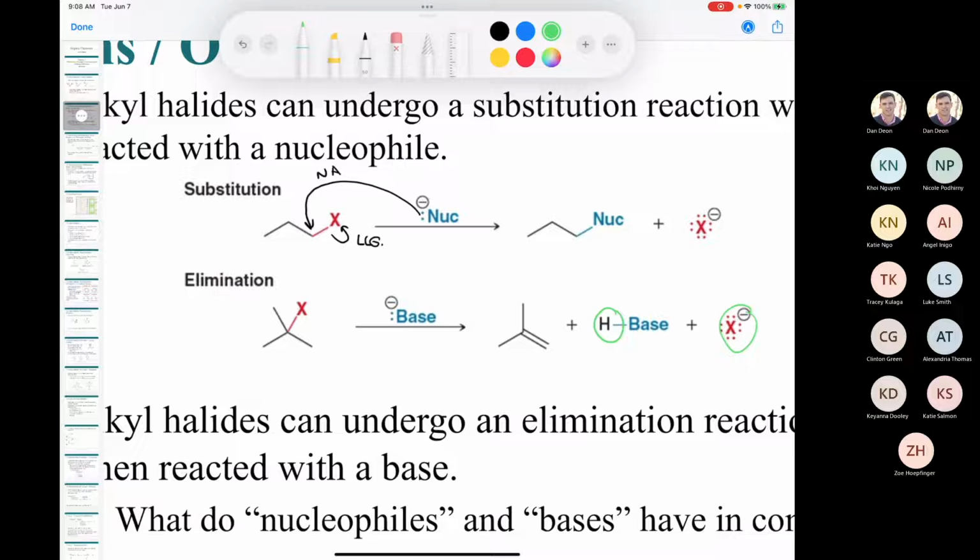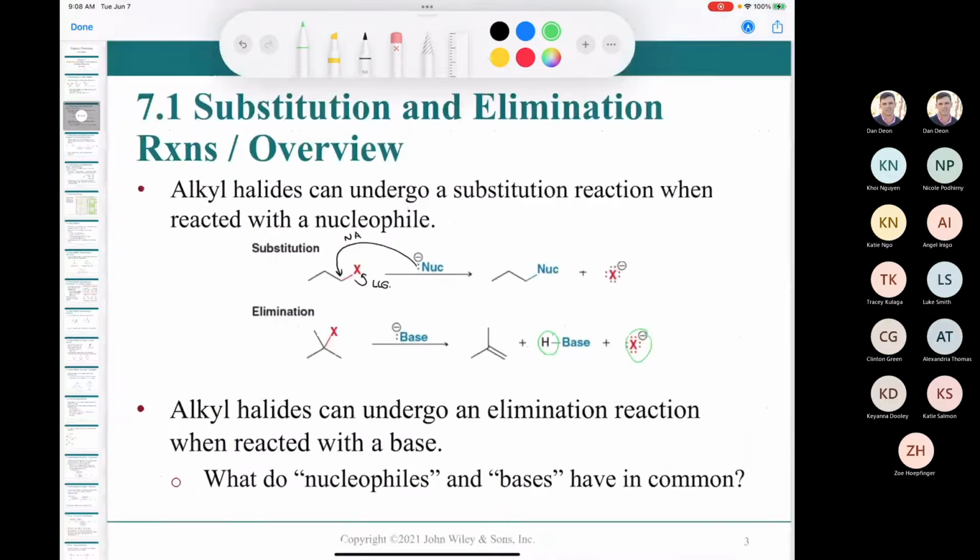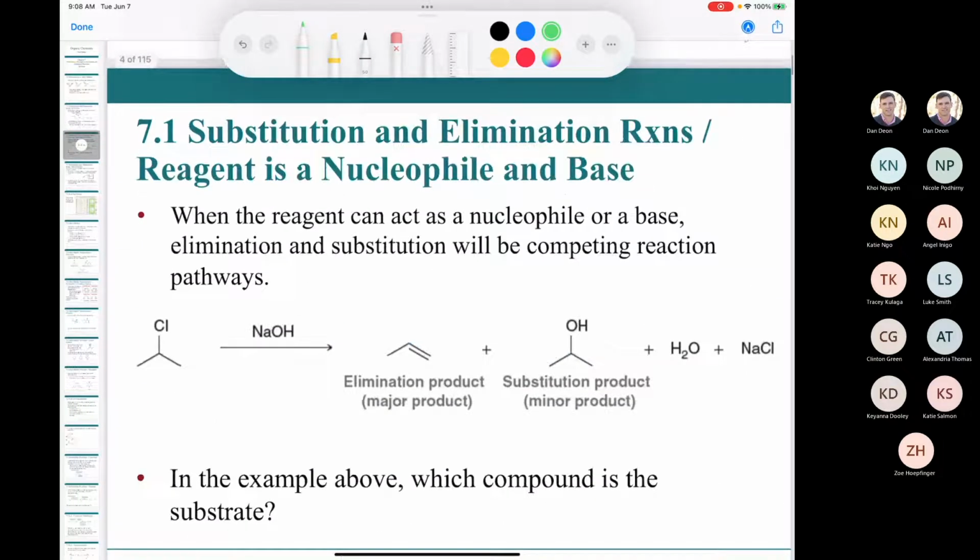Now we could draw a mechanism for that as well, and we will, but I'm going to do that in a little bit. So what do nucleophiles and bases have in common? That's something that we want to think about. It says that when a reagent can react as a nucleophile or a base, then we can get a competition between substitution and elimination, right? Just think about hydroxide.